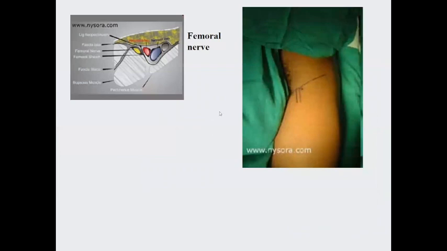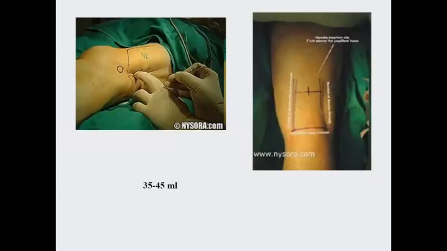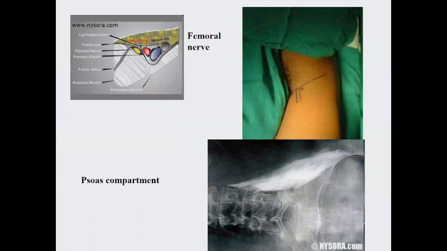And we can do blocks in the lower limb by anesthetizing three nerves. I didn't show it. To get the block of the whole limb, we have to anesthetize three nerves. One is the femoral nerve, which is anesthetized in the inguinal region.